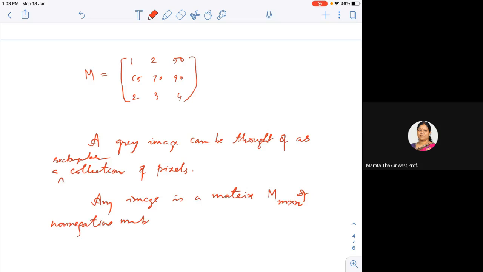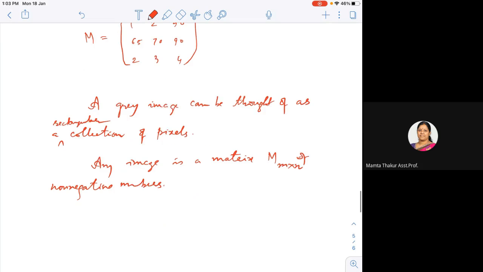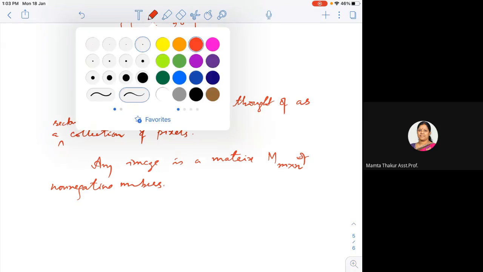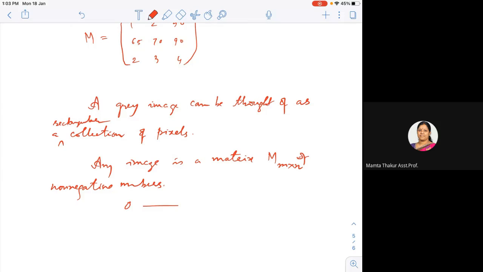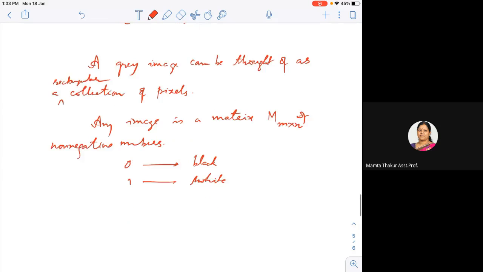Non-negative numbers. But suppose each number is assigned a color: 0 means black and 1 means total white. Suppose I take 256 numbers, from 0, 1, 2, 3 up to 255.